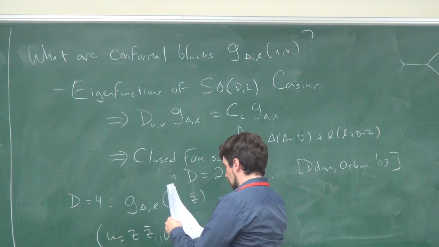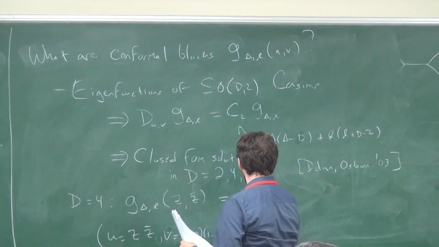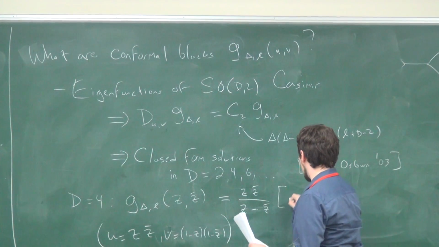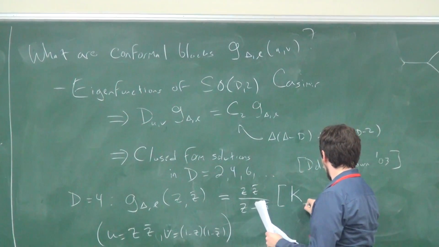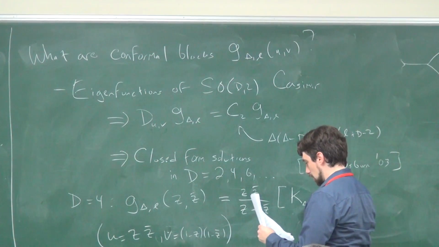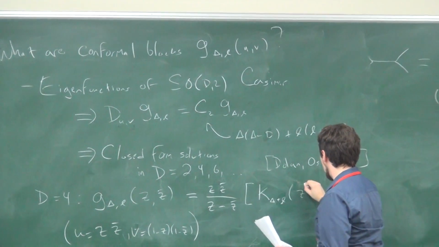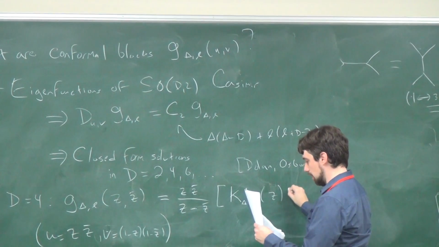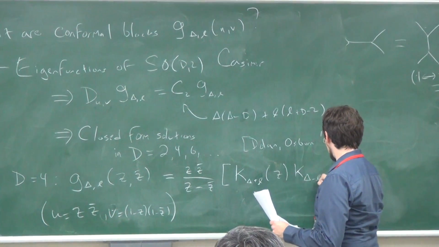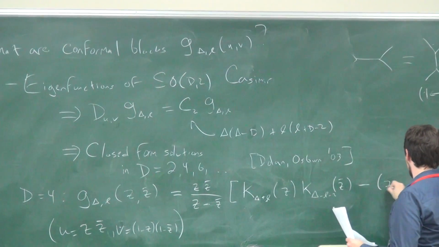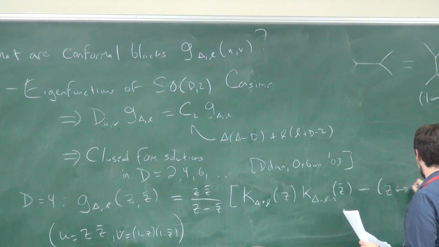So it looks like this coefficient z z bar over z minus z bar times a function k that I'll define in a second. k sub delta plus l of z, k sub delta minus l minus 2 of z bar, minus the same with z switched to z bar.